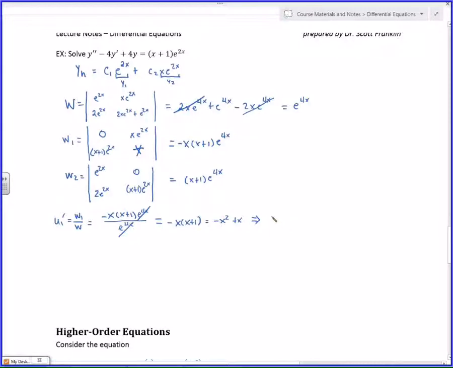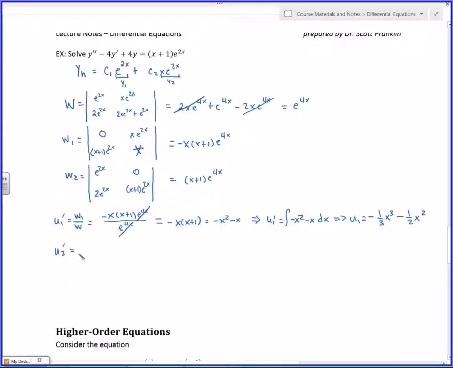Is it minus x squared? Yep. U1 is the integral of negative x squared minus x dx. So U1 is negative 1/3 x cubed minus 1/2 x squared. We got our U1.